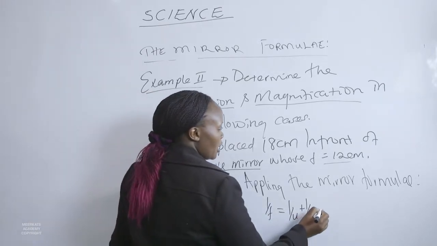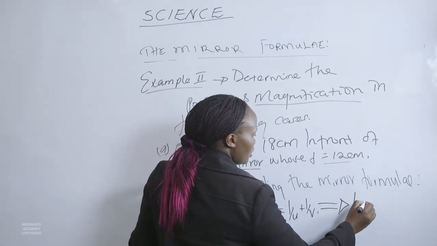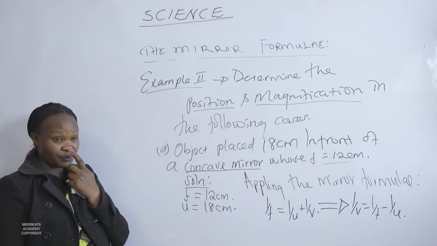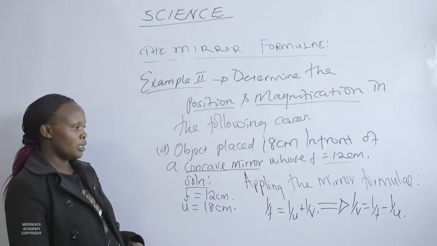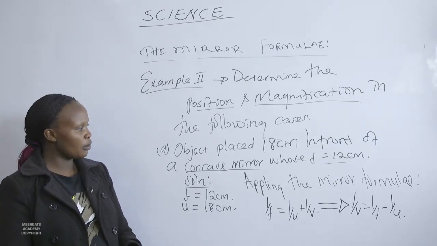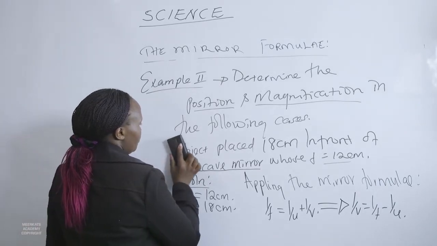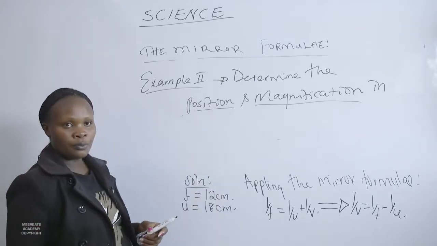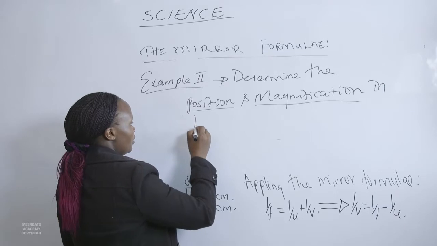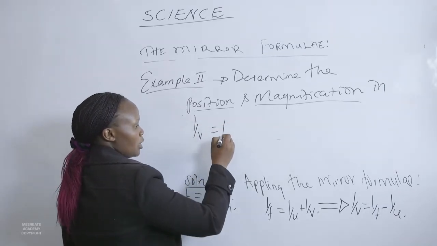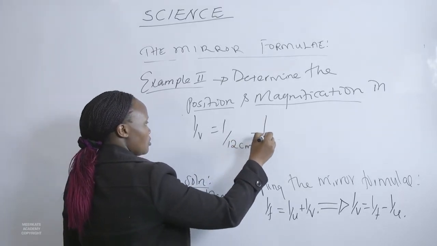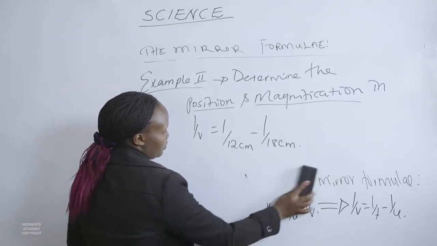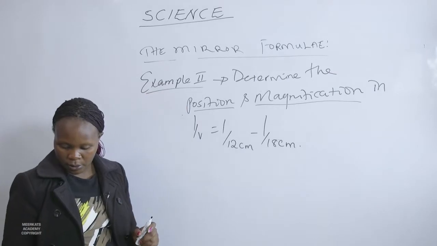But first, we make 1 over V the subject of the formula, so that now 1 over V will be 1 over F minus 1 over U. Now, evaluating by way of substituting where possible, we find out that 1 over V is going to be given by 1 over 12 centimeters minus 1 over 18 centimeters. 1 over 12 minus 1 over 18.